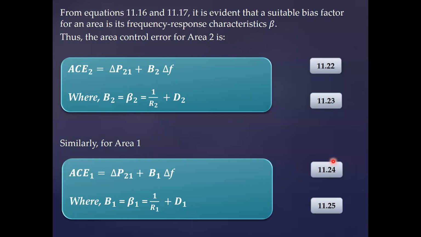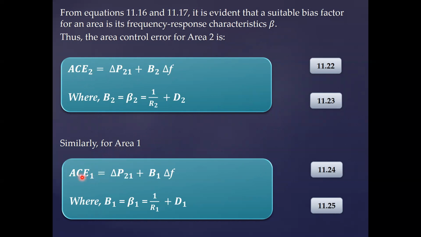So with this, the previous equations are now modified, and we write down the area control error for area 2 here, and similarly for area 1.